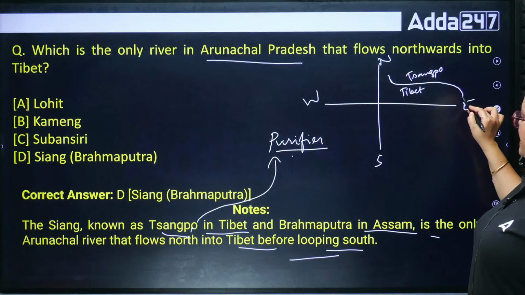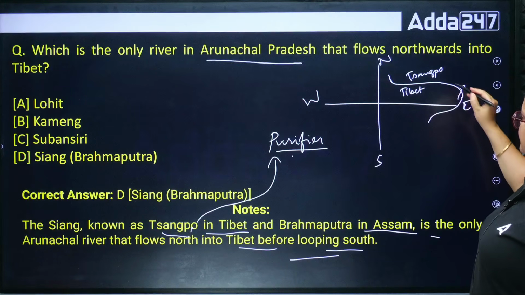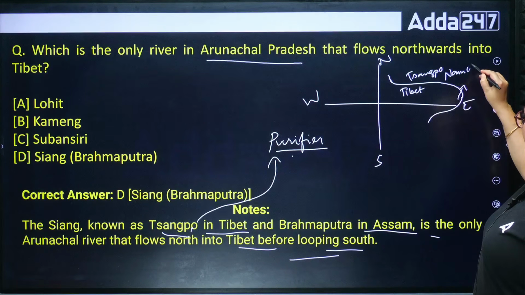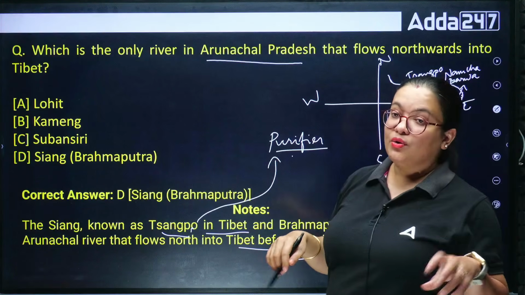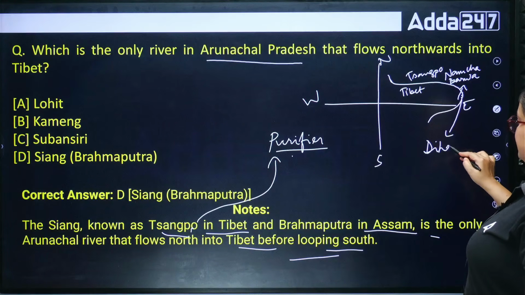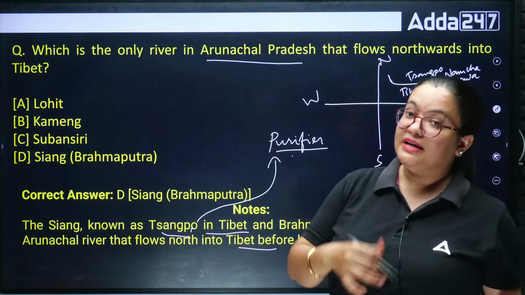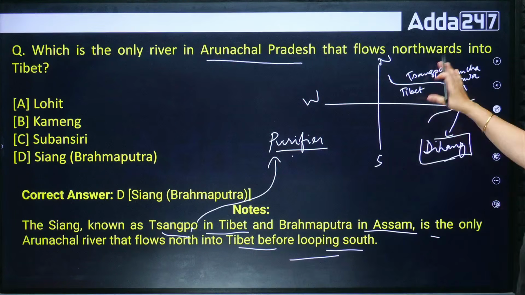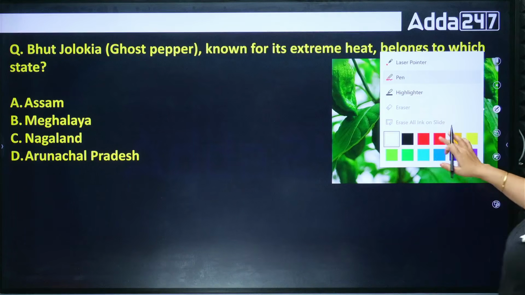This is a syntaxial bend. This bend here is the highest range of the northeast. It is also known as Namcha Barwa, and from here the headstream of the Himalaya starts. We know that headstream as Dihang. After that, various tributaries join this particular river. Okay, do remember this part, this is very important for your exam. So next question. This is a very important species.